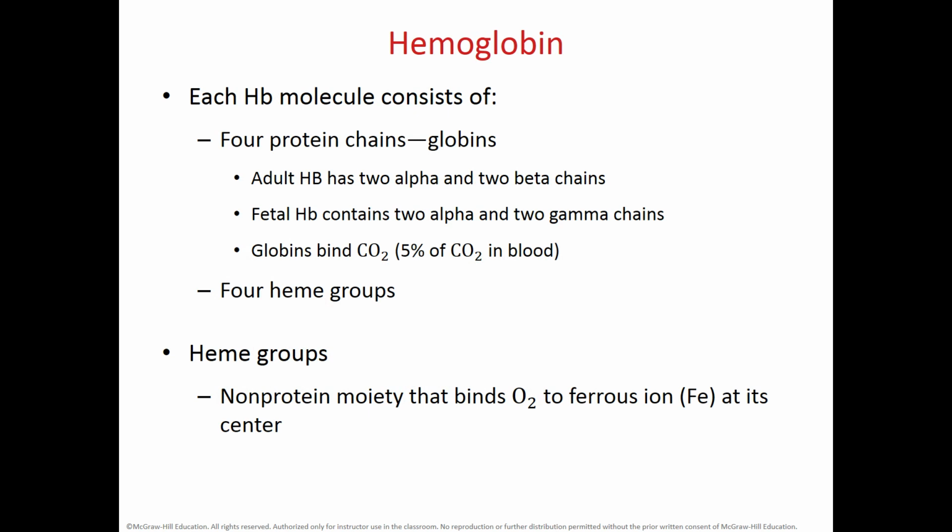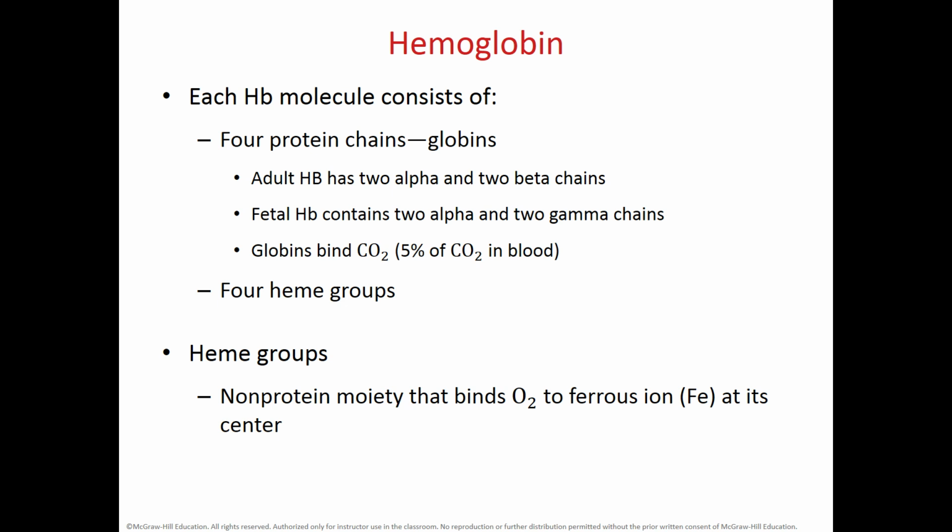Hemoglobin, the protein that helps to transport oxygen and CO2, is made out of 4 protein chains known as globins: 2 alpha globins, alpha 1 and alpha 2, and 2 beta globins, beta 1 and beta 2. In the adult hemoglobin, you have those 2 alpha globins and 2 beta globins.